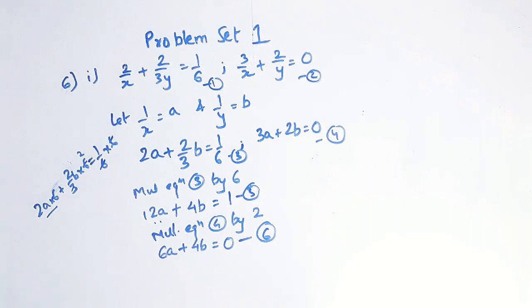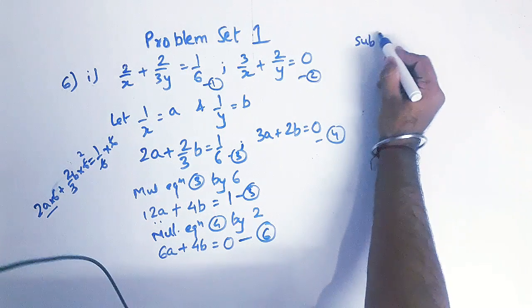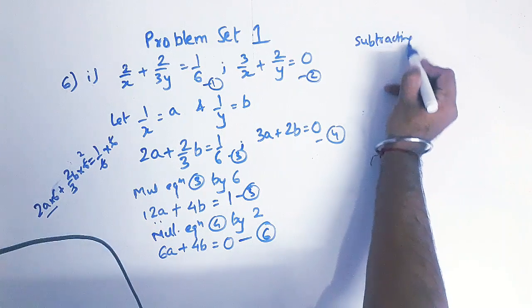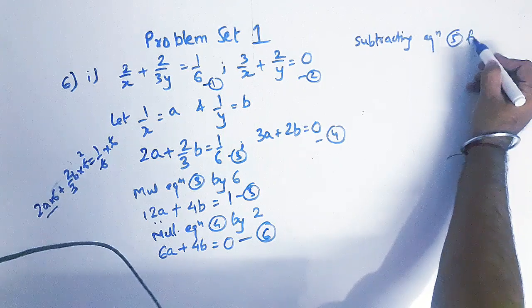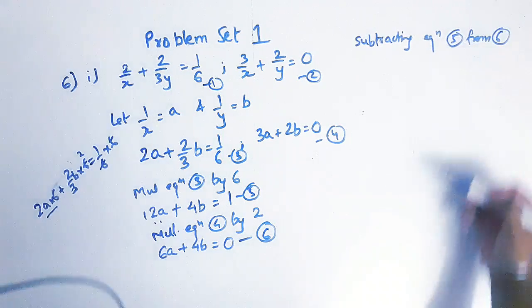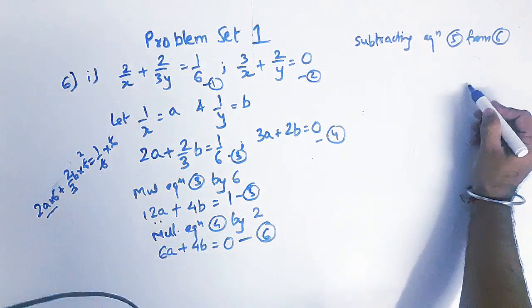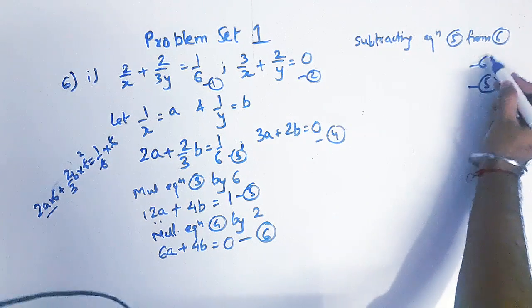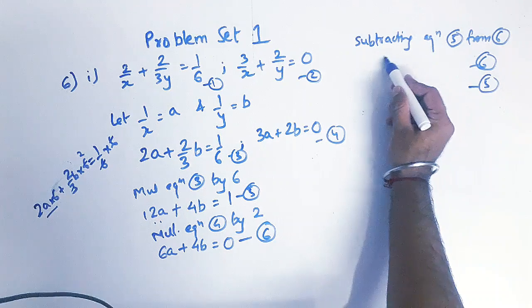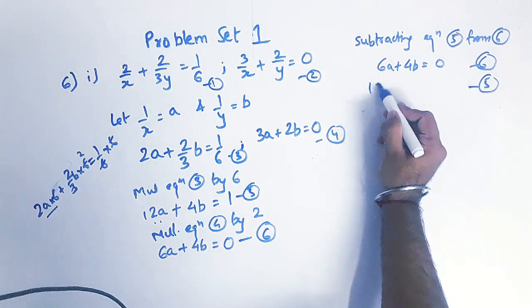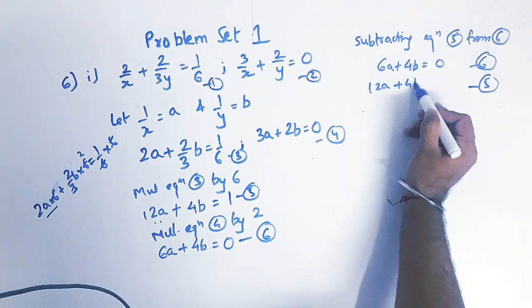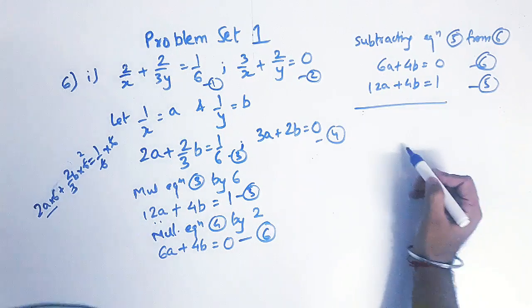Now for the 5th and 6th, if we subtract, 4b will get cancelled. So what will I do? Subtracting equation 5 from 6. You can do 6 from 5 also. So I'll place 5 below and 6 above. So 6 is 6a plus 4b equals 0, and this is 12a plus 4b equals 1.